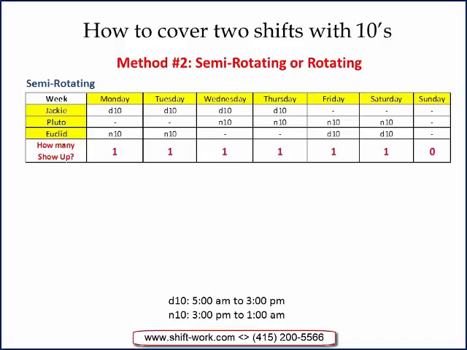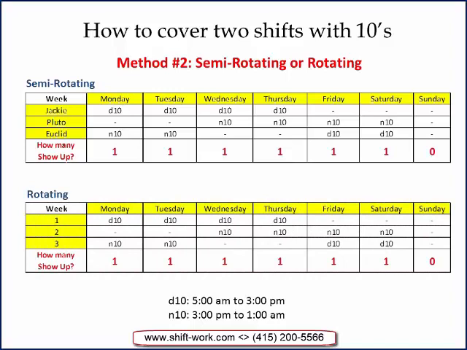Pluto, on the other hand, always works Wednesday, Thursday, Friday, Saturday night shift, and always has Sunday, Monday, and Tuesday off. So Jackie and Pluto are what I would call fixed. They're on fixed shifts with fixed days off. Euclid has fixed days off, but it's actually a rotating shift. Euclid works nights on Monday and Tuesdays, works days on Fridays and Saturdays, and always has Wednesday, Thursday, and Sunday off. So that's why we call this semi-rotating.